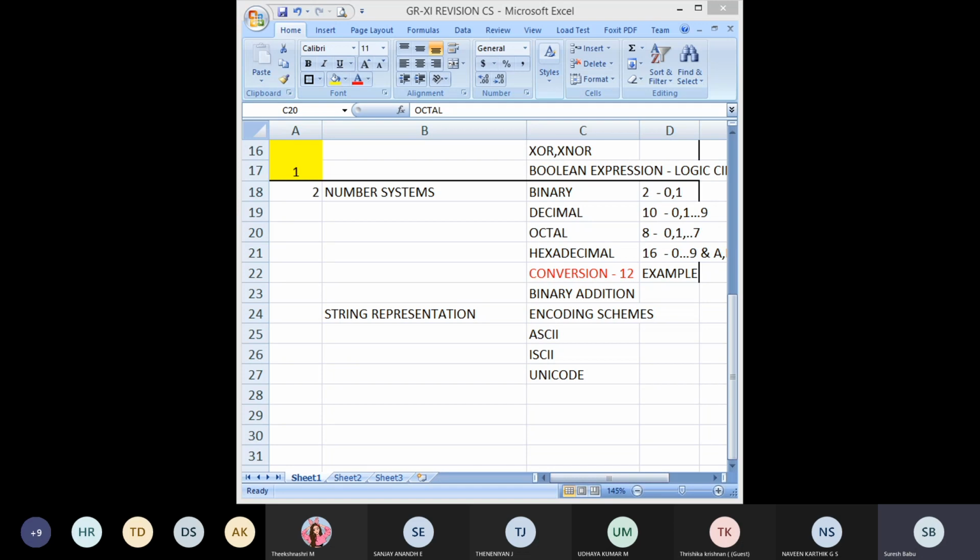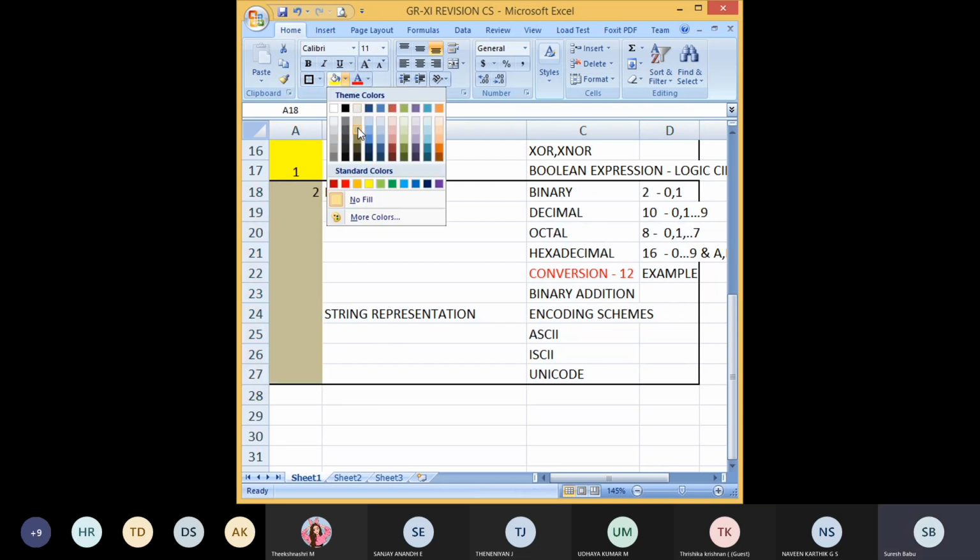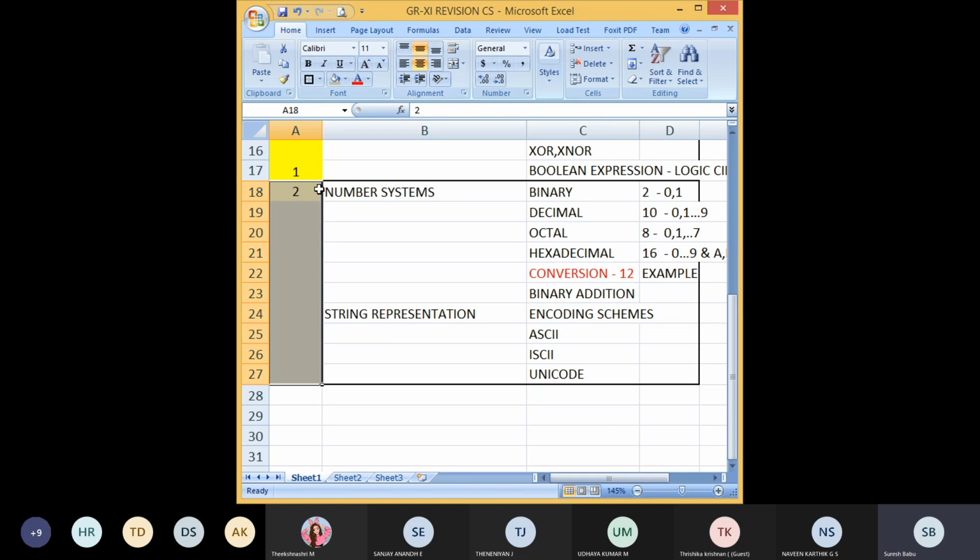Yesterday also I shared the material, so kindly practice with every example. Then only you can understand. That will help you understand a lot of things. So this is fully the second chapter.